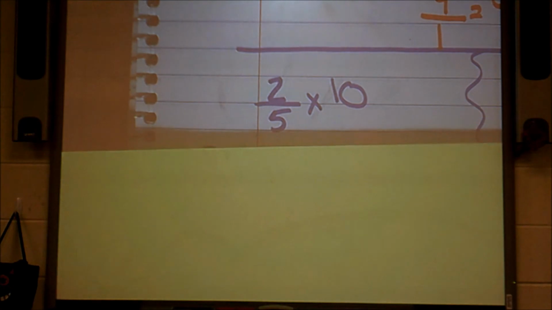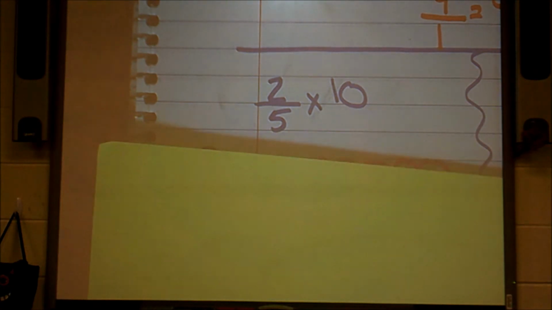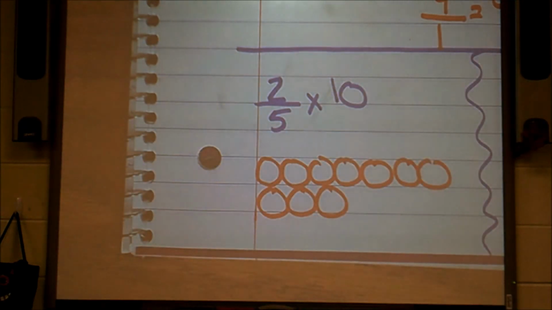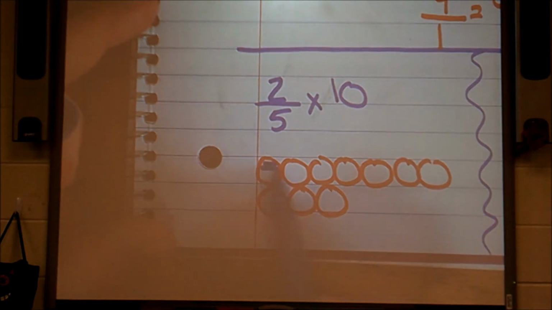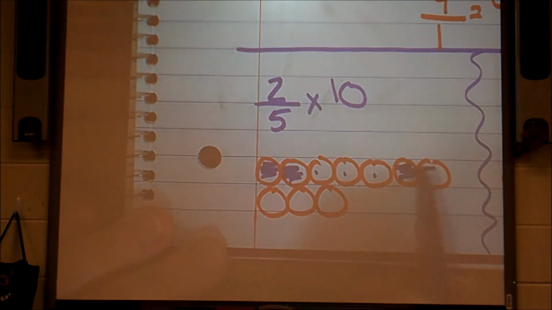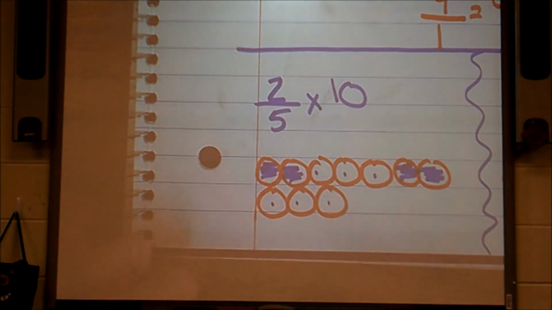Two-fifths times 10. So just as our step said before, I want you to draw me that whole number in circles. So I want you to draw me 10 circles. There's my 10 circles. And I'm going to shade in 2 out of every 5 circles. 1, 2, 3, 4, 5. 1, 2, 3, 4, 5.